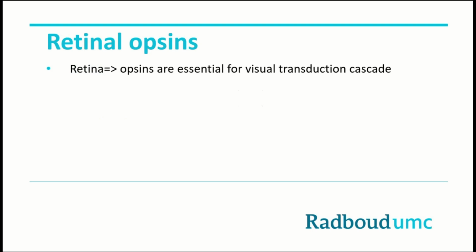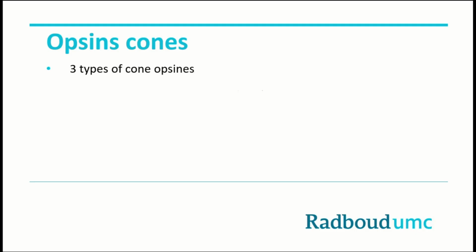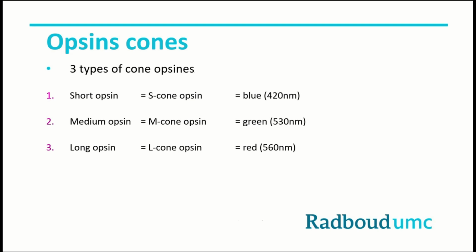In the retina, we have opsins that are essential for the visual transduction cascade. In rods, this opsin is rhodopsin, and this only functions in dim light conditions. In cones, we have three types of opsins, and they are important for color vision, but also for detailed vision, so visual acuity.